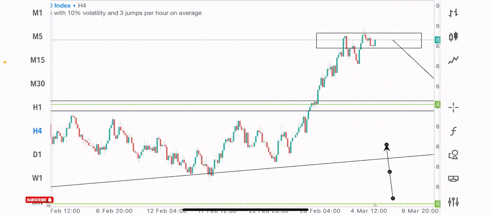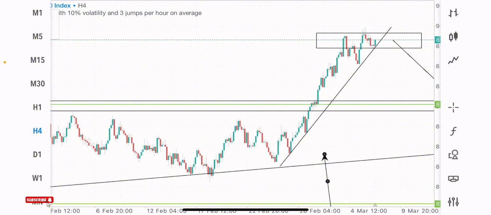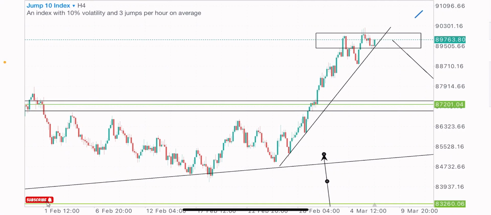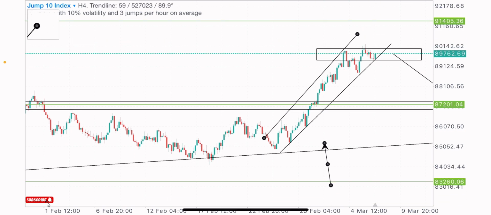And we have this uptrend on the 4-hour time frame, which looks like price is still in an uptrend. I was thinking that price had broken out of this uptrend, but the market is still in an uptrend. That's why it's finding it difficult to break below the consolidation to give the sell move.